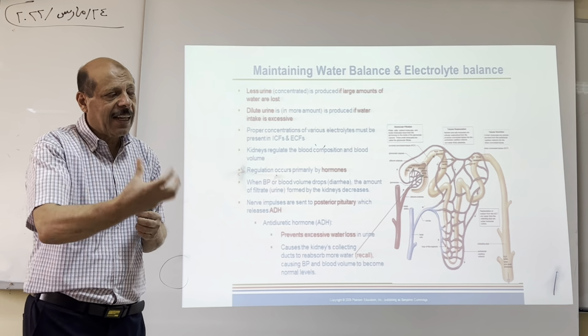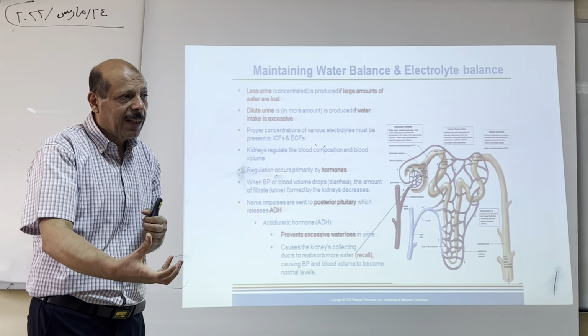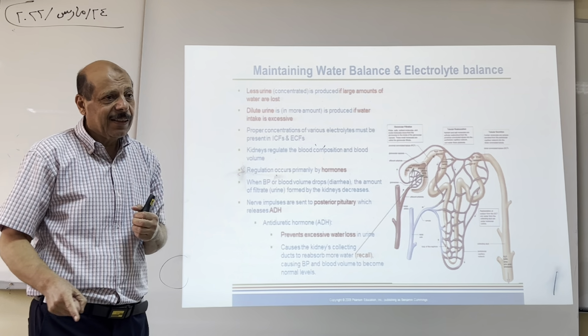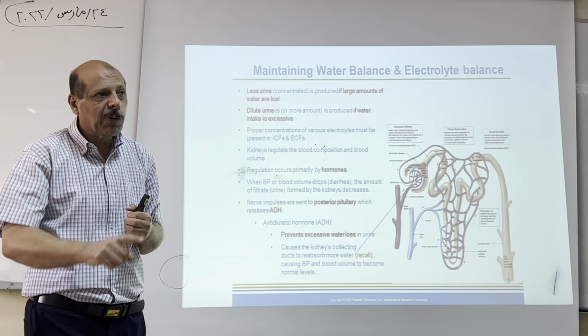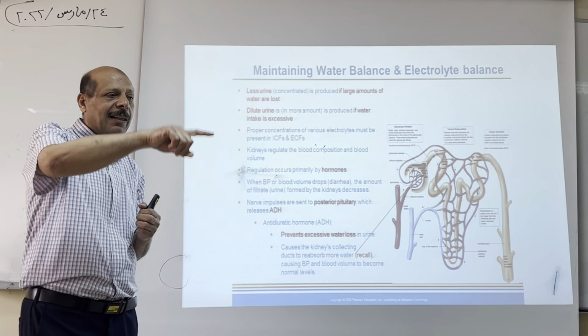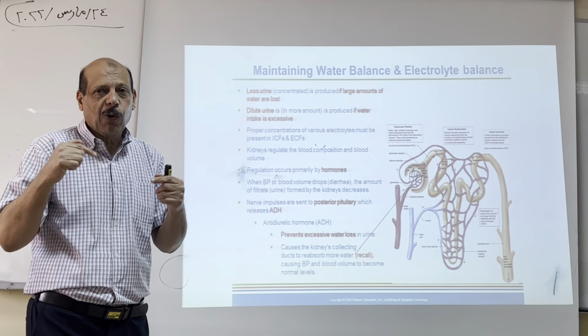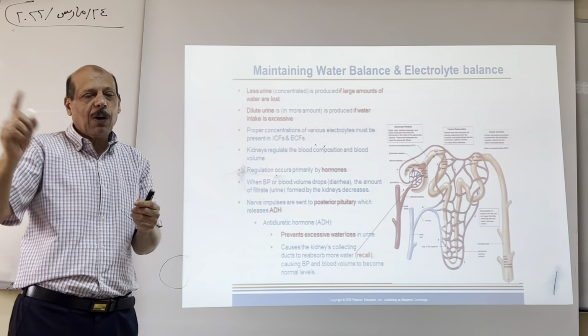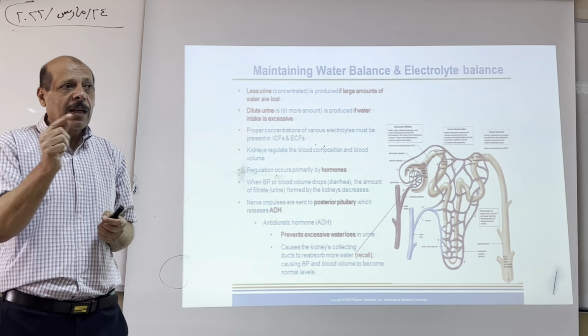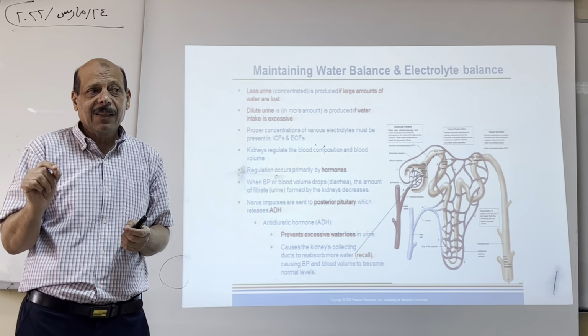So after the filtrate comes from the glomerulus, it will go through the proximal convoluted tubule, loop of Henle, and distal convoluted tubule. And if you remember, around all of those tubes there are capillaries.